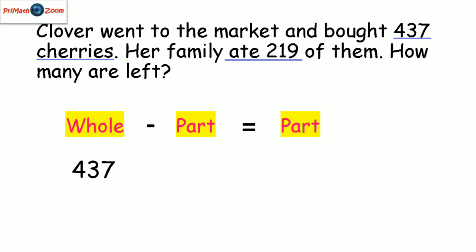From that, we will take 219, and we will be left with a part that we don't know the answer to. And we can call that box, or we can use a letter, which is a variable, to represent the other part. And since we're talking about cherries, we could use the letter C to represent the unknown part.